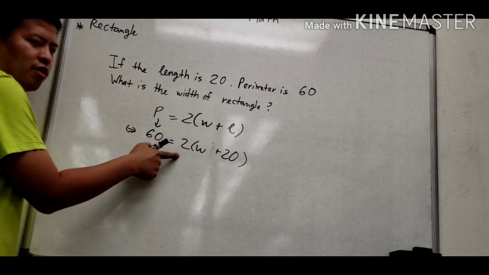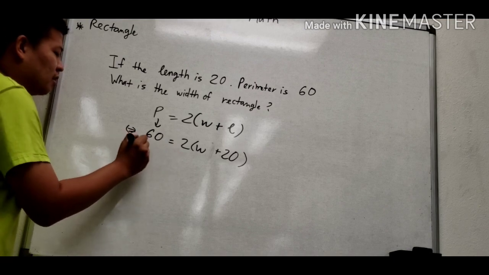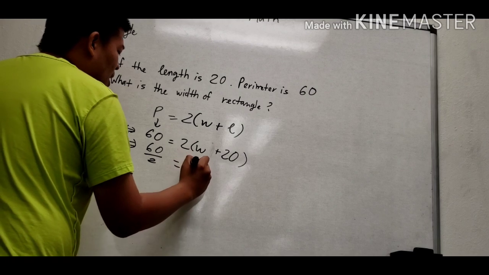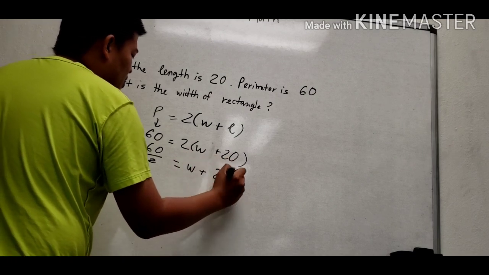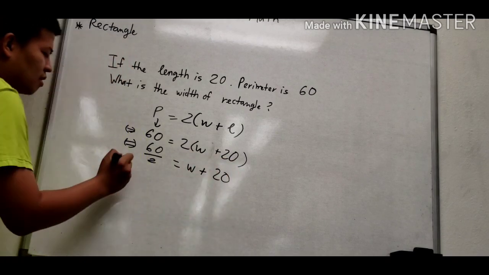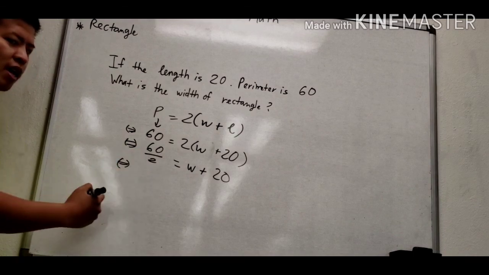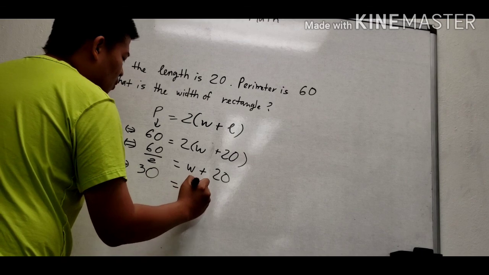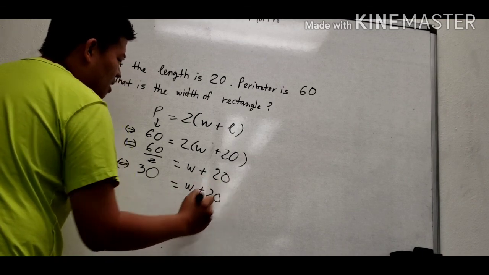First, you need to divide by 2 on both sides. You get the width plus 20. 60 divided by 2 is 30. The width plus 20 equals 30.